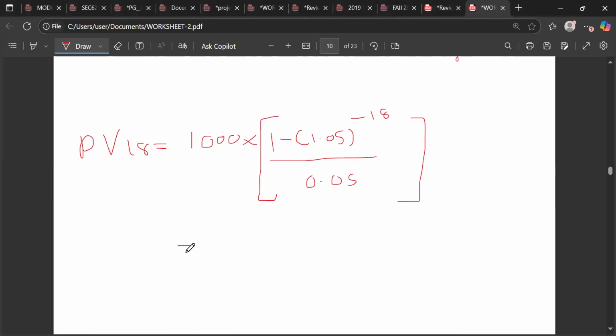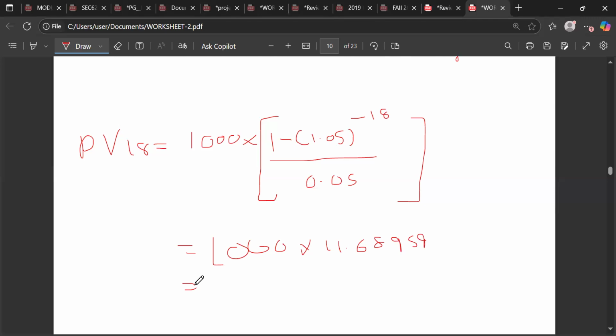So let's patch this in and see what we get. I'm going to say 1.05 to the power negative 18, 1 minus the answer, divided by 0.05, will give us 1,000 times 11.68959.